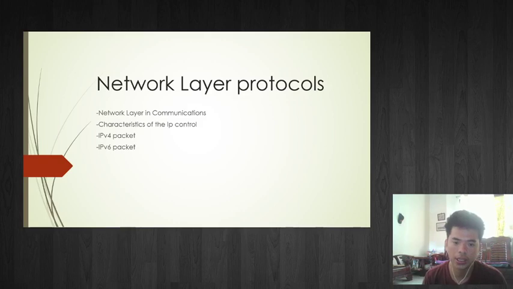The Internet Header Length or IHL, total length, and header checksum fields are used to identify and validate the packet. The options and padding fields are rarely used and are beyond the scope of this chapter. So that is an IPv4 packet.